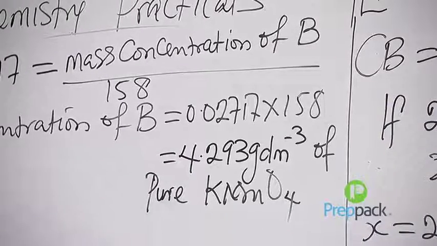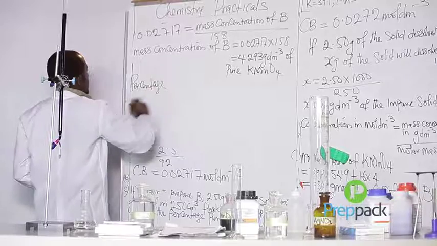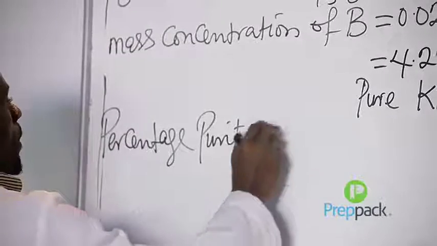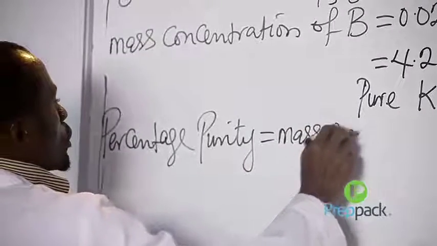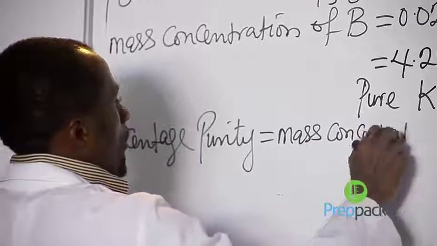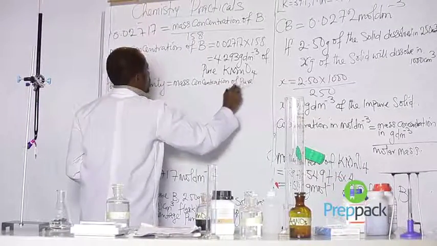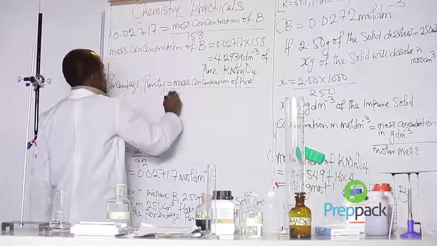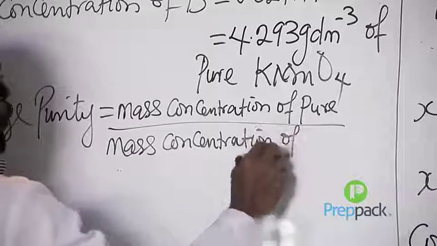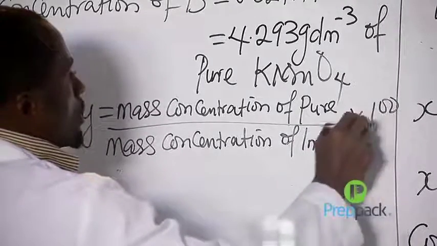So percentage purity equals mass concentration of pure over mass concentration of impure, times 100 over 1.